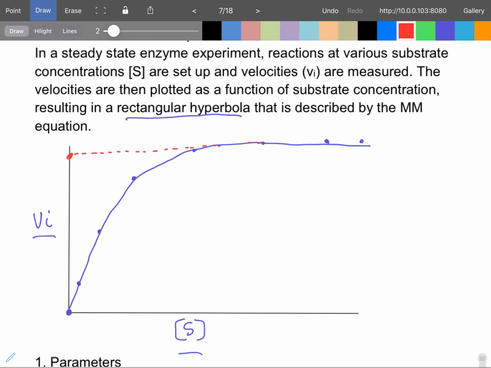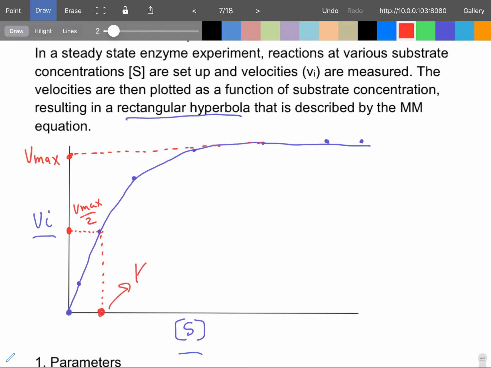Now remember what we did before so many times: when we have a curve like this, we often go down to the 50% mark, right? So this is Vmax divided by 2 right here. And we will trace that over to the plot, and we will drop a line down to the x-axis. Well, guess what?